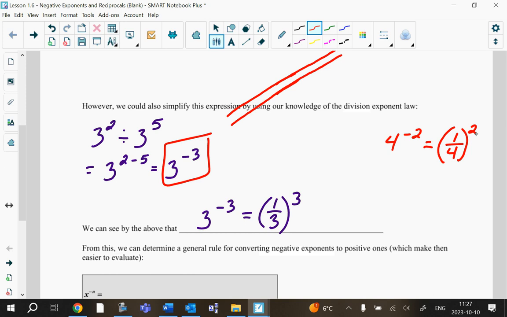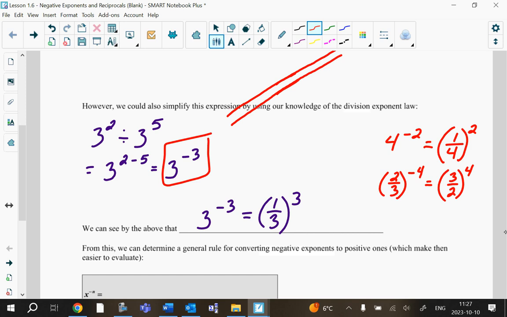What do you think that might be using a positive fraction? So the negative becomes positive, but what do I keep doing to the base? Flipping it, which is the same as finding the, not the inverse, begins with an R, reciprocal.